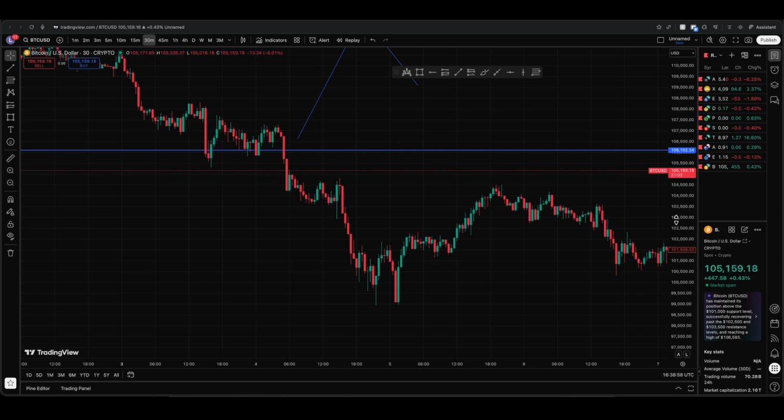So this is our chart and price is moving like this. This is the resistance line, this is the support line, and price went like this.